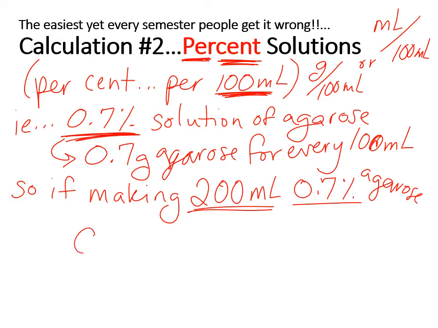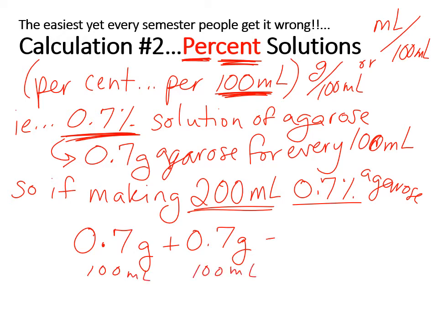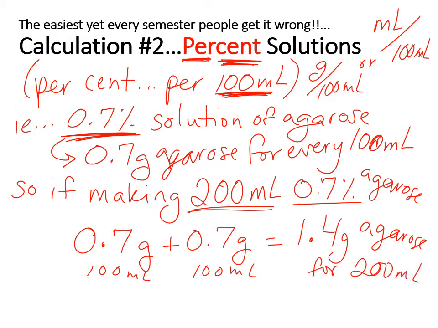It would be 0.7 grams plus 0.7 grams, because that's the first 100 ml and the second 100 ml. And that's going to give you 1.4 grams of agarose for 200 ml. You do not need to know the molecular weight or anything else.